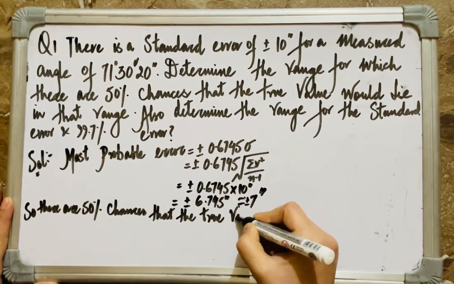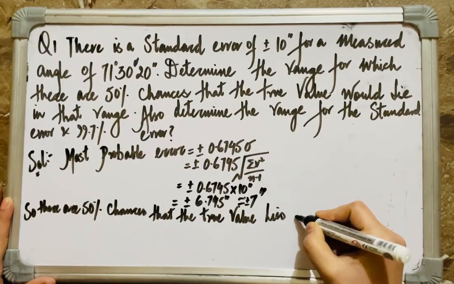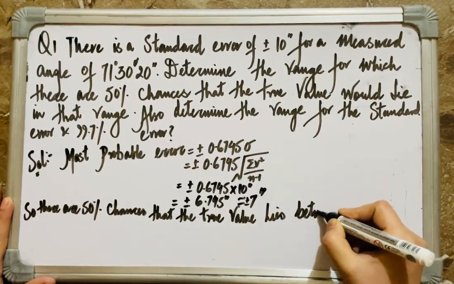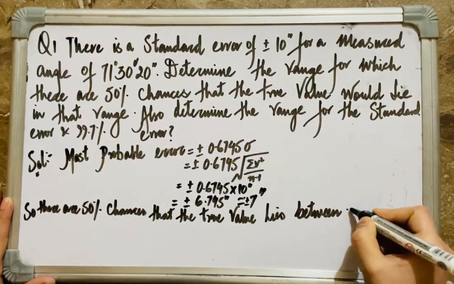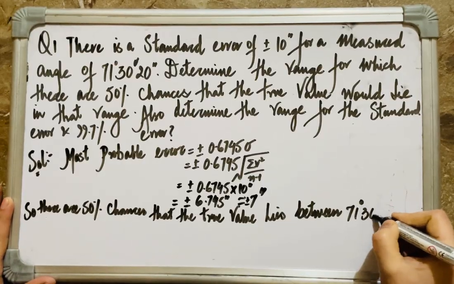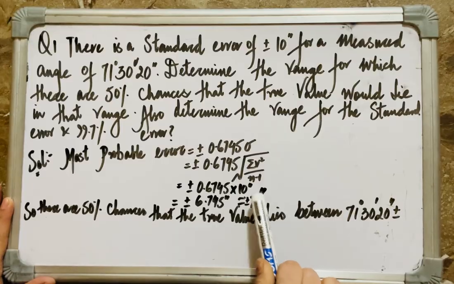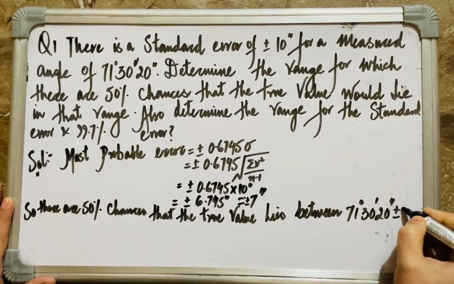That the true value lies between, what is the observed value? The observed value is 71 degrees, 30 minutes and 20 seconds plus minus the most probable error, that is 7 seconds.